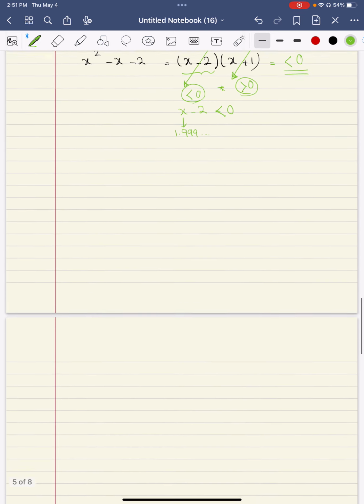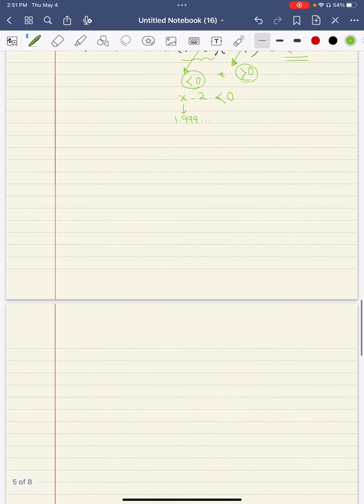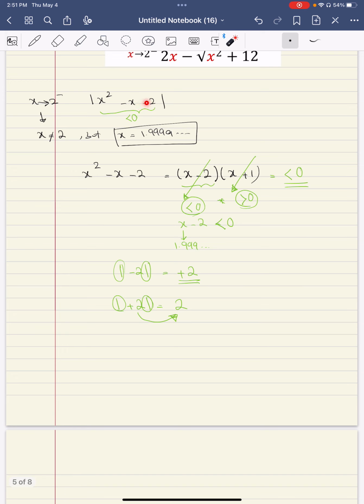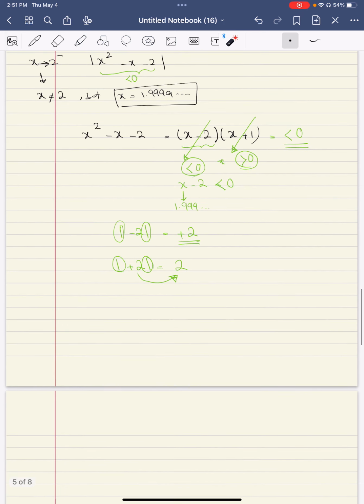So whenever we have a negative value and we want to find the absolute value of it, it will be the positive of that value. And whenever we have a positive value inside the absolute value, what comes out is the positive value itself. But we know that inside the absolute value we have a negative value, so we should change negative to positive here.